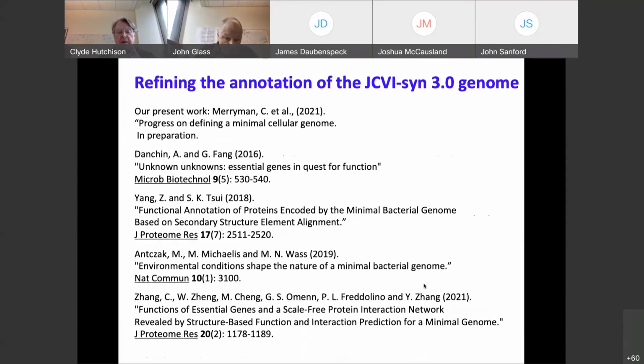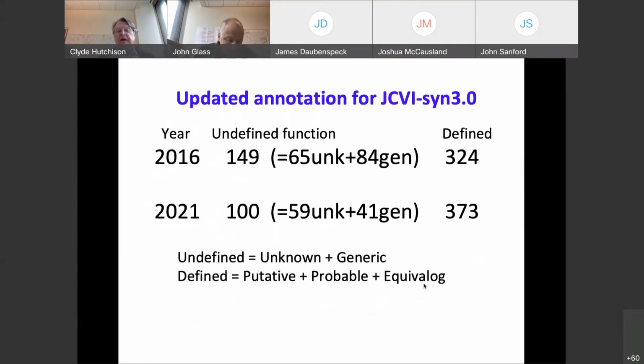So a number of groups have looked at this question of identifying the functions of those 149 genes. And we've looked at it, in particular, Chuck Merriman has looked at this, and going through the actual annotation is not that fun to do. So let's just talk about the bottom line.